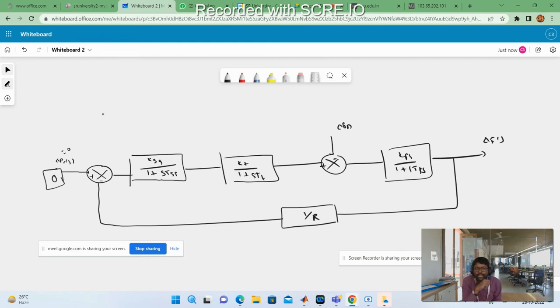And what about the remaining values? You have to keep KSG into KT equal to 1.